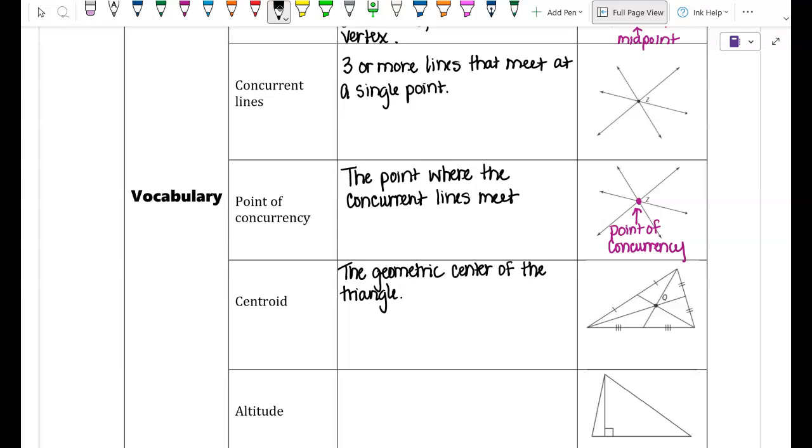It is also the point where all three medians of a triangle intersect.